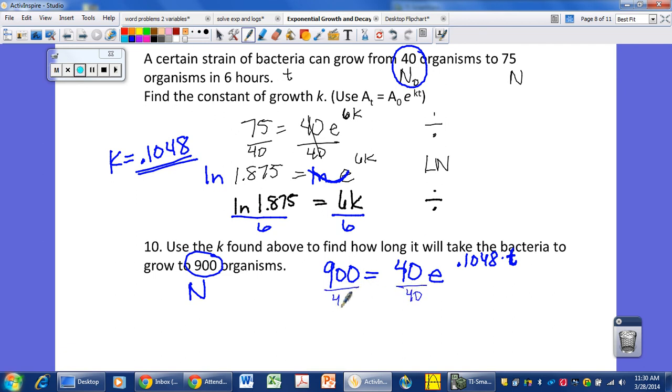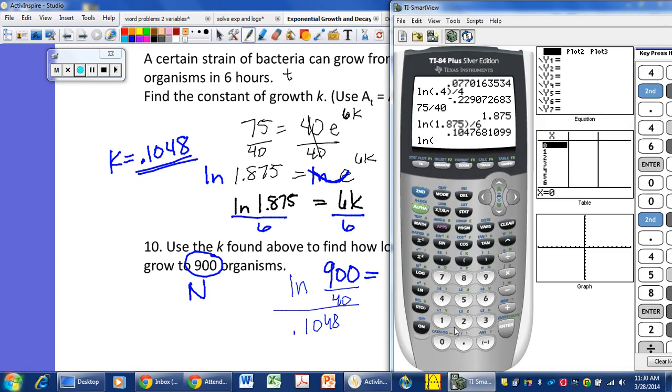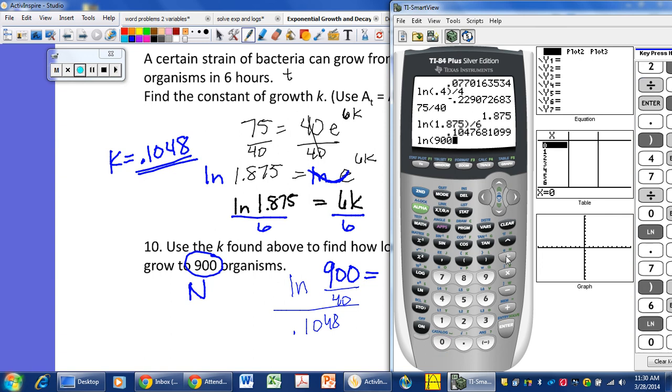Oh, there's the bell. I'm going to pause and, well, no, it's finished. Take the natural log of this and then divide all that by 0.1048. So let's see if I can do this all at one time. Natural log 900 divided by 40.